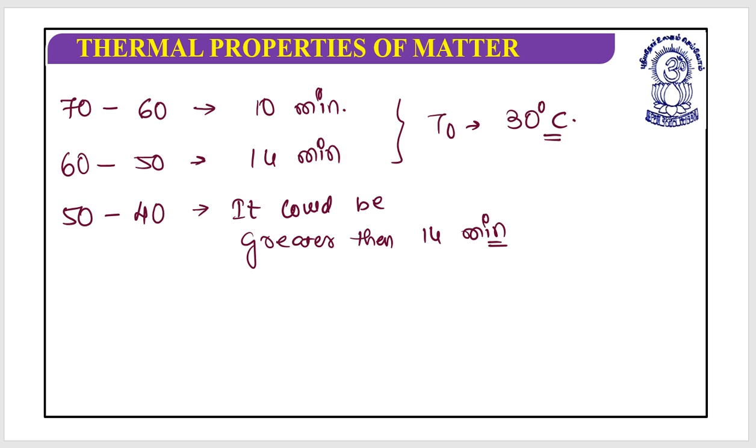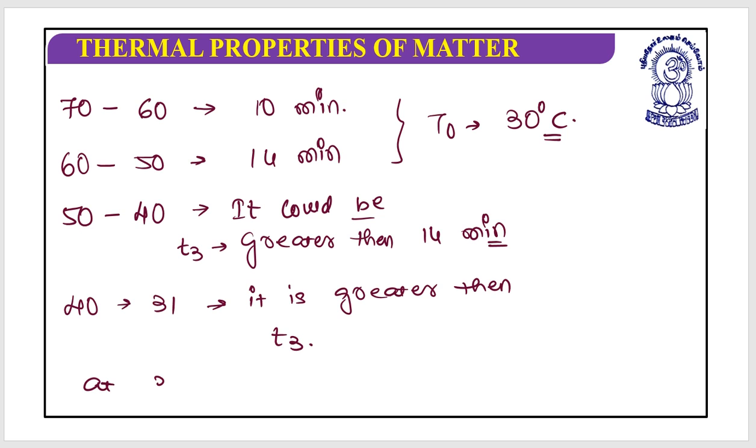If from 40 to, let's say, 31, let's suppose it could be greater than 14 minutes, and let's suppose I call this time T3, then it is greater than T3, and at 30 degrees Celsius it takes infinite time. So you are not at all going to match the surrounding temperature perfectly. It is the situation.